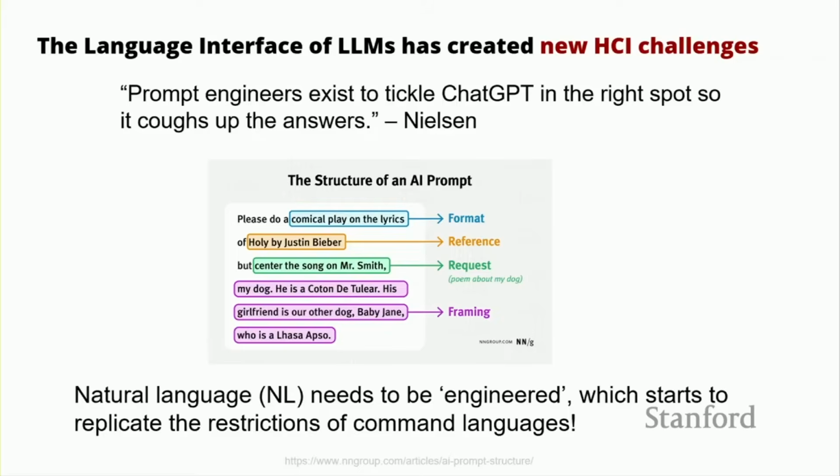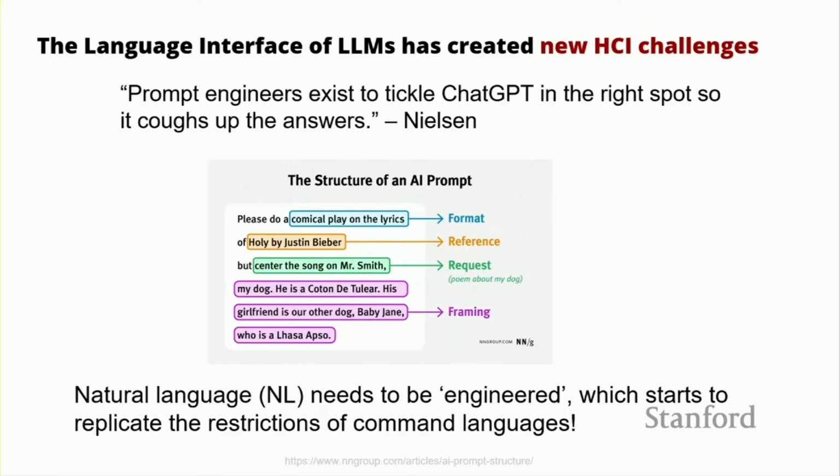One quote that some of you might like is that prompt engineers exist to tickle ChatGPT in the right spot so that it coughs up the answers. I think many of you might agree with this as one way to think about prompt engineering. You can think about adding references, saying things really nicely, playing with the framing, and other strategies that people use to get language models to solve problems as they would like.